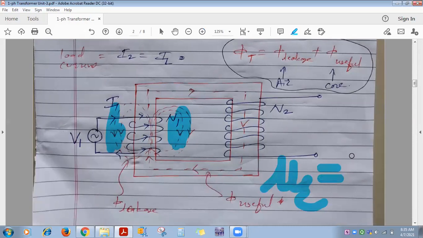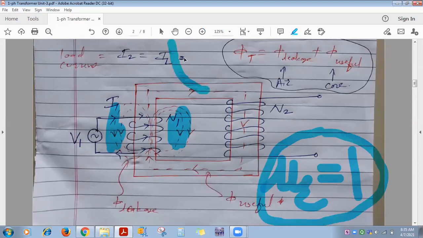Relative permeability mu r for air is 1. It is not 0, it is 1. Means some finite value, but very, very less. Relative permeability of silicon steel is very high, in some thousands. And relative permeability for air is 1, which is very, very less.